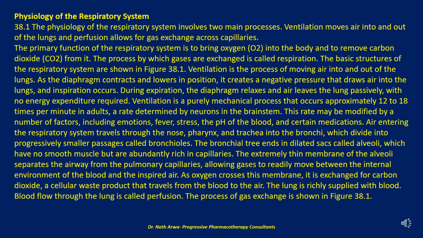As oxygen crosses this membrane, it is exchanged for carbon dioxide, a cellular waste product that travels from the blood to the air. The lung is richly supplied with blood. Blood flow through the lung is called perfusion. The process of gas exchange is shown in Figure 38.1.